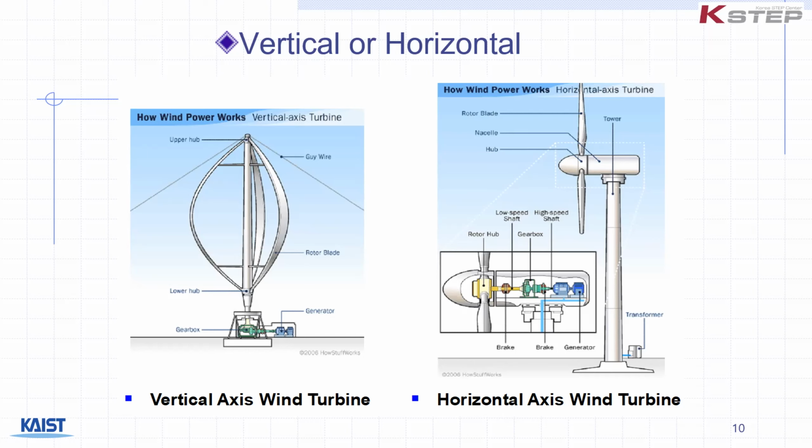But anyway, there can be technological development in the future, so the vertical axis has a structural advantage. So in the future, it can revive again. Right? So we should see the future technology.